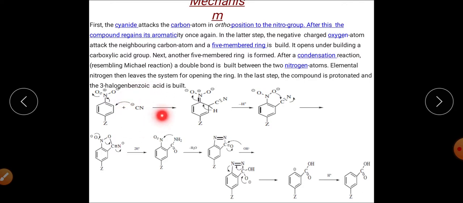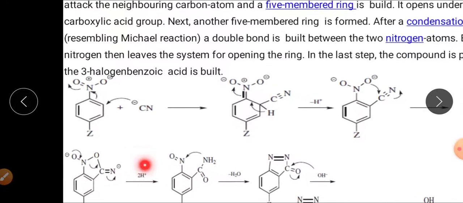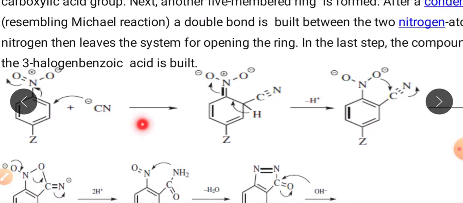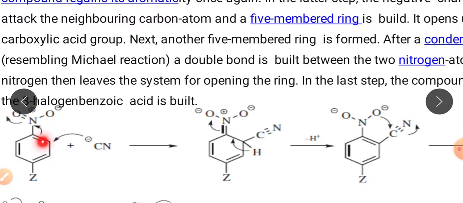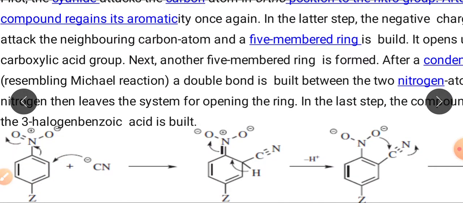So the first step of this reaction is the attack of this particular CN negative at this position, right? When this CN attacks at this position, there is a movement of the carbon-carbon multiple bond to the nitrogen, with the movement of electrons from here to oxygen.